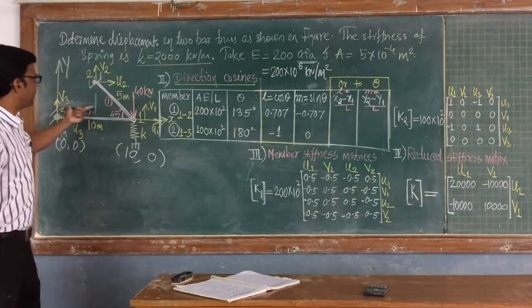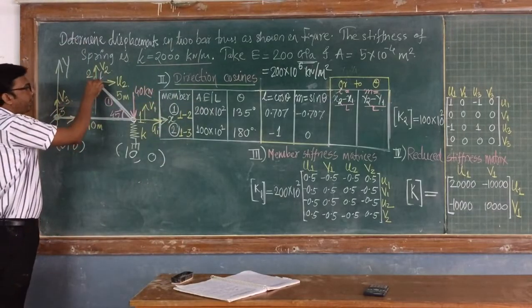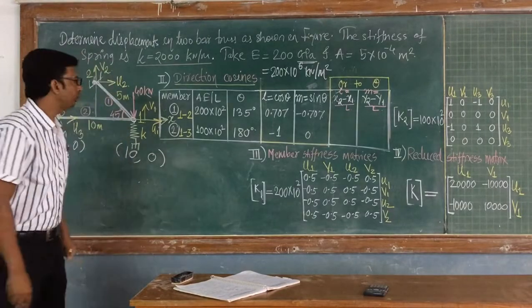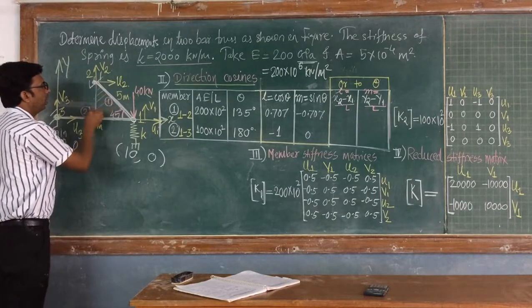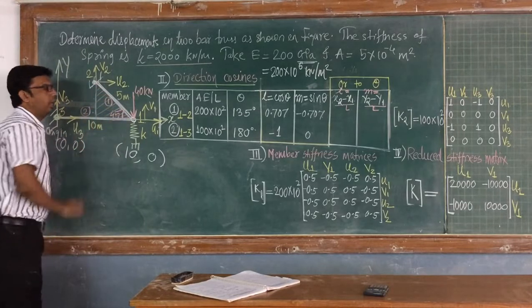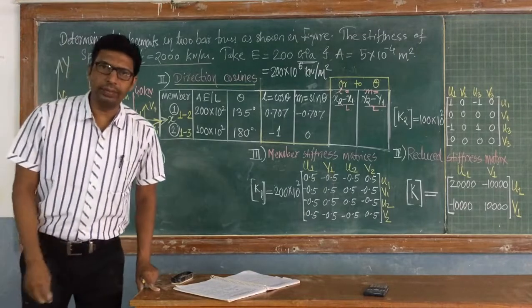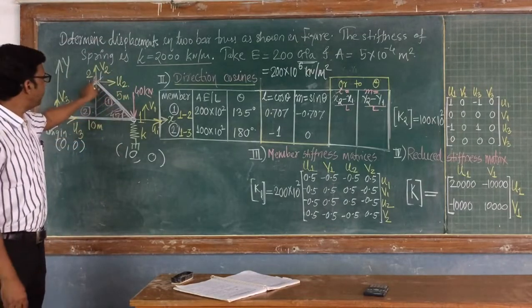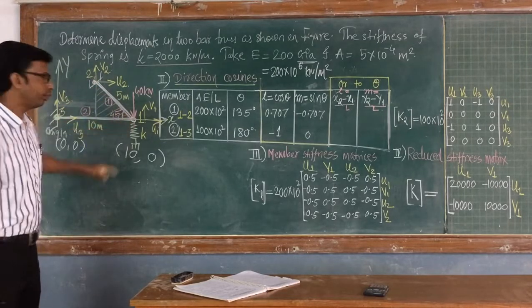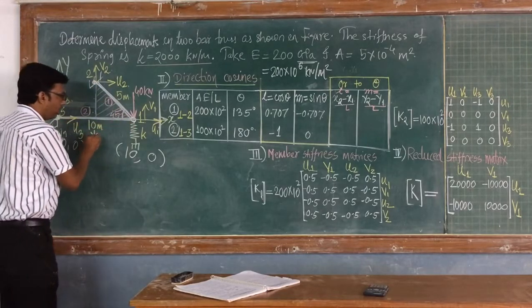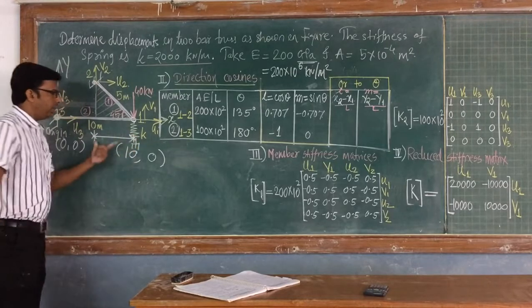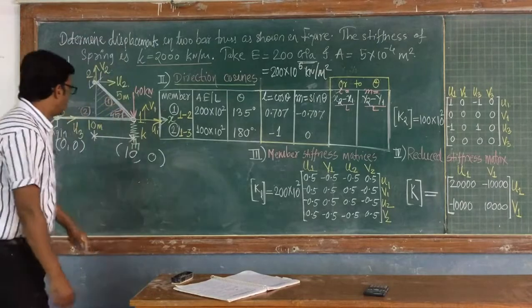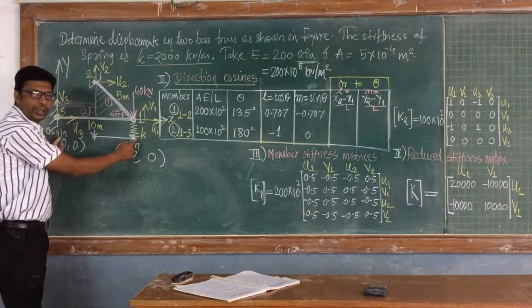If you draw one vertical line from node 2, you will get one triangle using this 45 degrees and this diagonal of 5 meter. You can calculate this length. Total is 10.